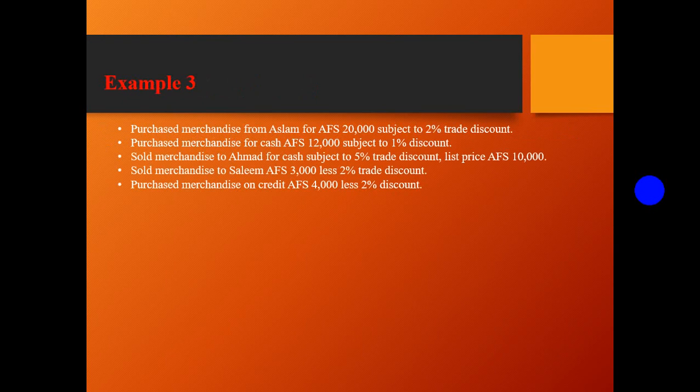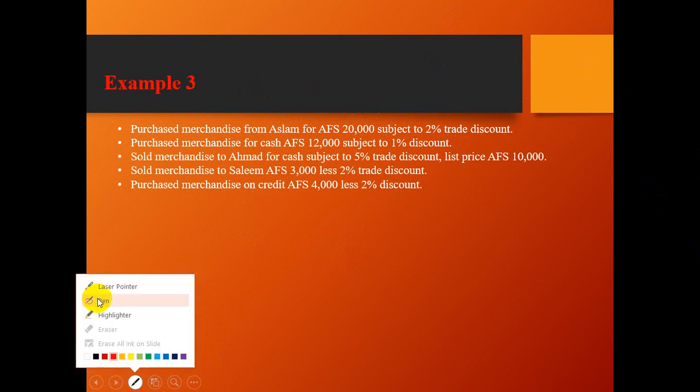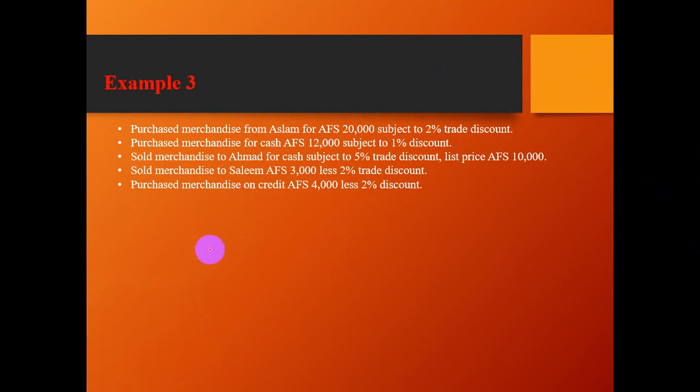Suppose there is a given example: purchase merchandise from Aslam for 20,000 subject to 2% trade discount. So it is giving you 2% discount. If you want to calculate that 2% discount, how should we calculate? Let me change the color.